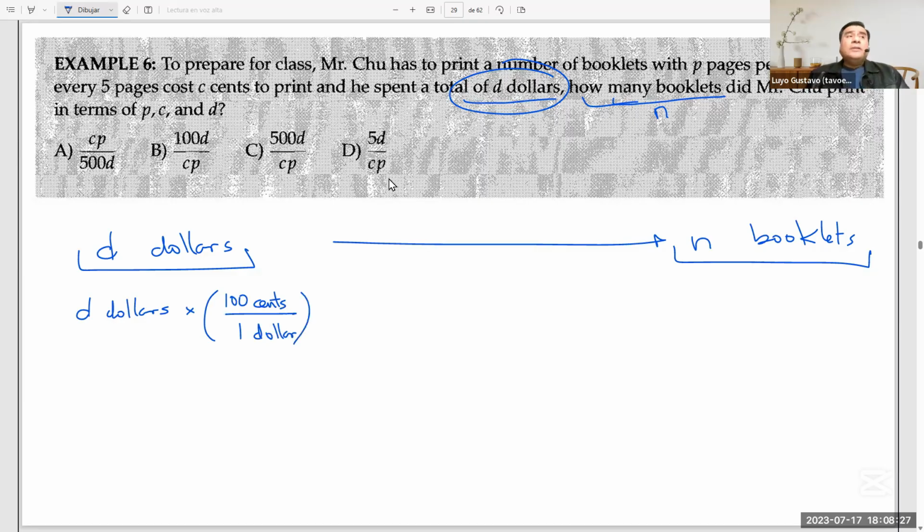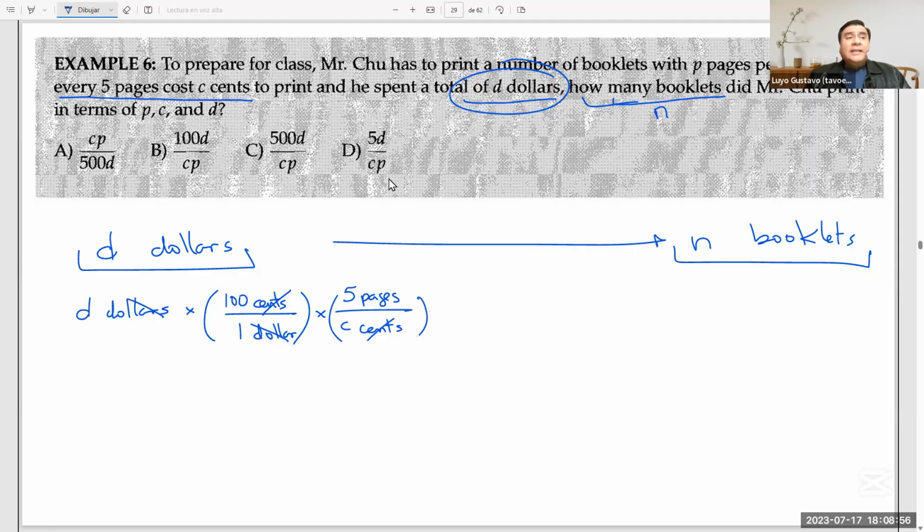Then I need to convert the cents to number of pages. And then we have this conversion factor, which can be set up as a rate. 5 pages correspond to C cents. So we set it up like this, 5 pages over C cents. Why placed in this order? Because we want to cancel cents with cents, then dollars with dollars, and so on.